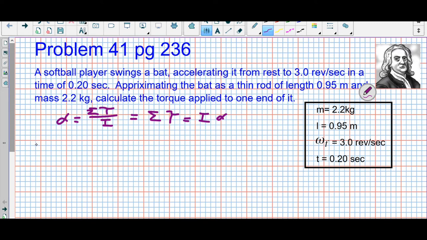So they tell us to approximate the bat as a thin rod of length 0.95 meters, mass 2.2 kilograms. If you think about how a baseball bat is swung, it's swung from the end, not from the center. So we could look up in the table what the equation is for the moment of inertia of a rod about its end, and we would find that it's 1/3 ml squared.